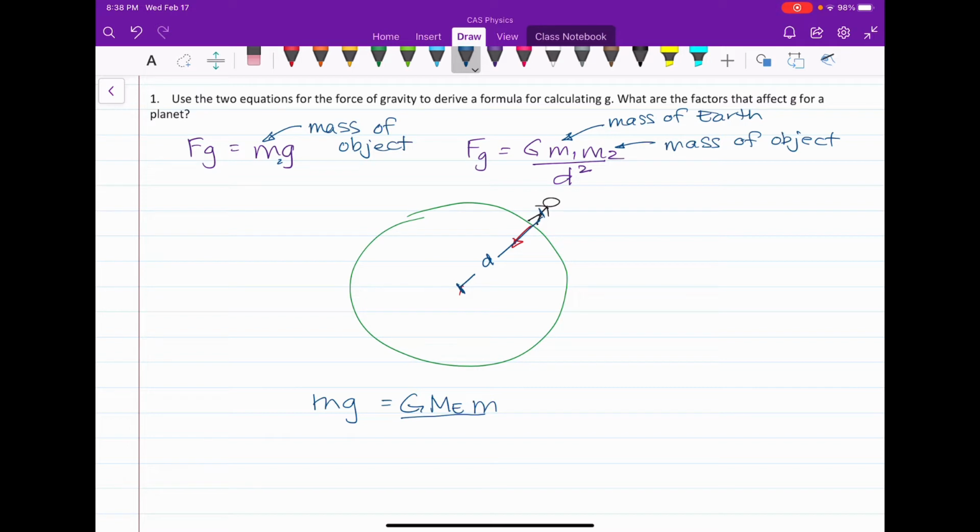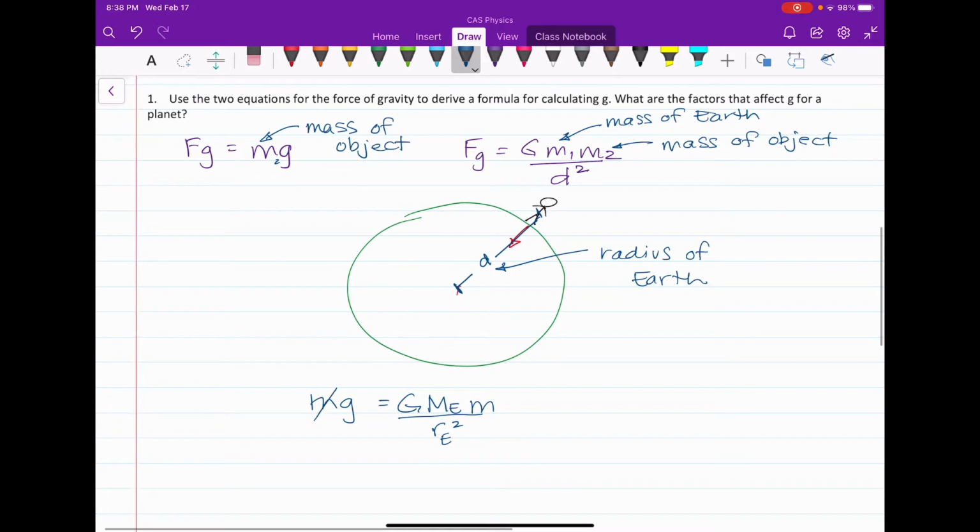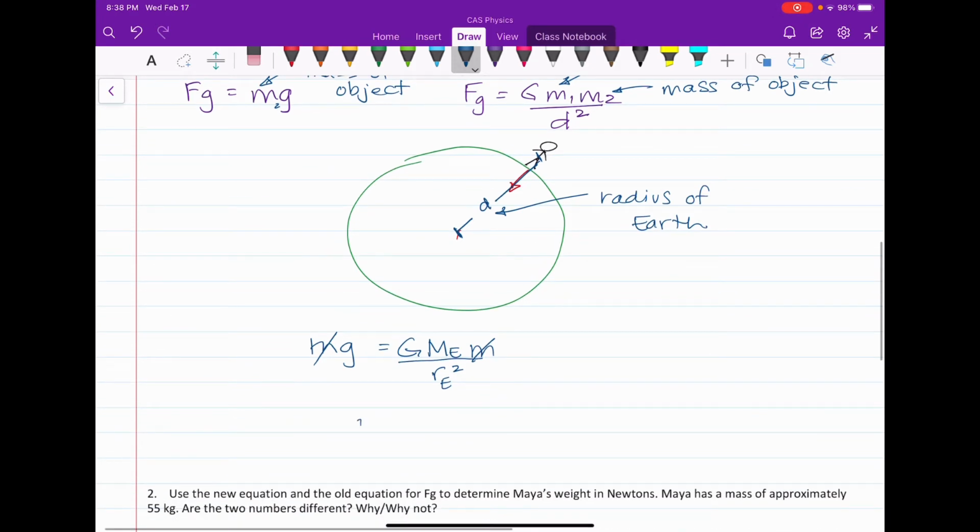If you look at the way we've drawn this, d is actually just the radius of the Earth, because the distance is from the center to the surface. So when I do it like that, I can cross these two m's out because they're both the mass of the object. I'm left with this expression: g equals big G times the mass of the Earth divided by the radius of the Earth squared.